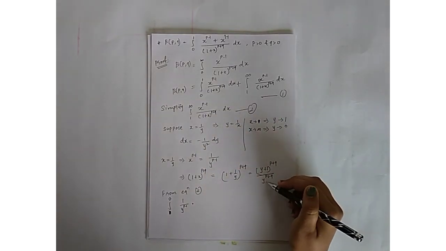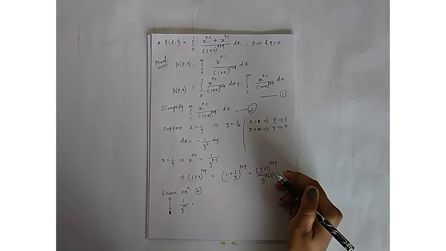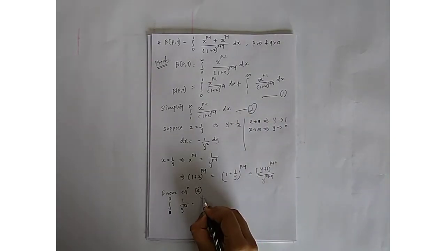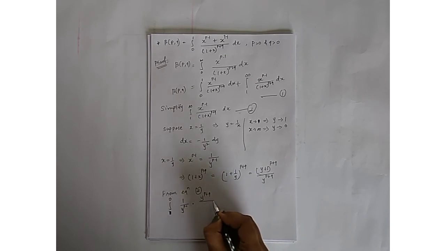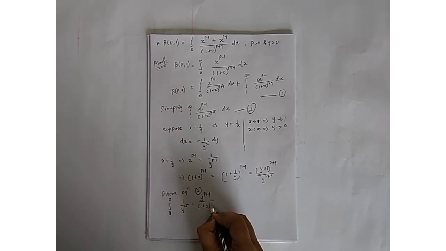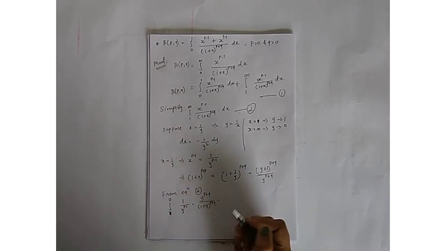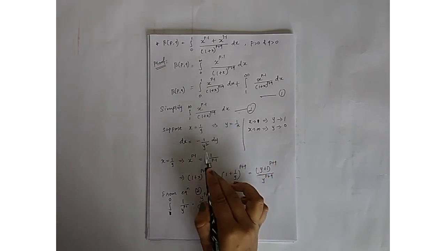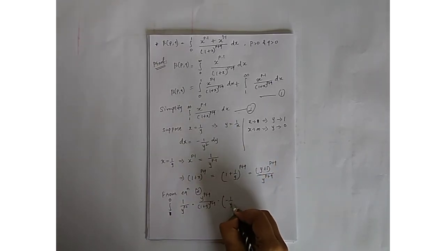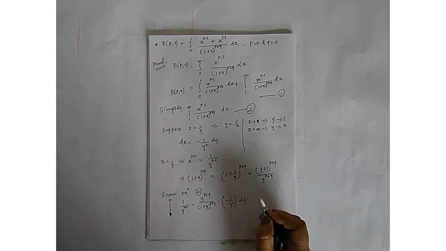So numerator and denominator will change in y^(p+q) upon (1 + y)^(p+q) into dx, which is minus 1 upon y square into dy.